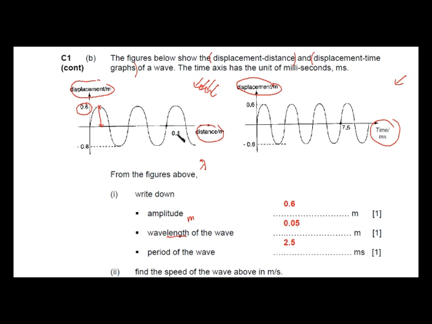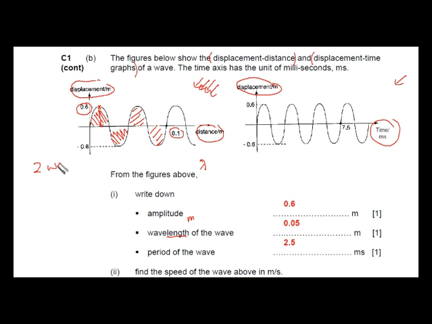And we can see a number over here, 0.1. So is this the wavelength? No. What we are trying to find out is the length of one wave. How many waves are there over here? We can see that this is one wave, and this is the second wave.